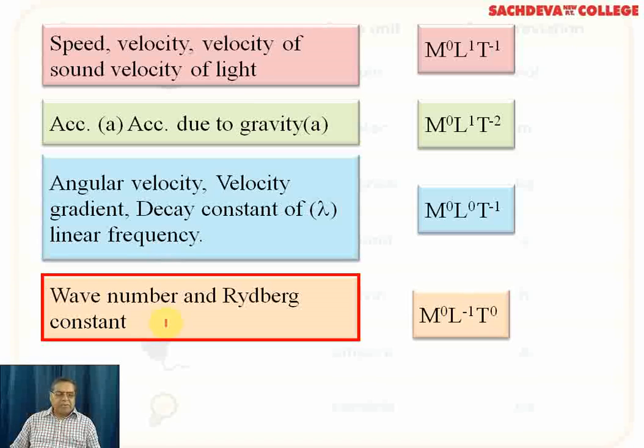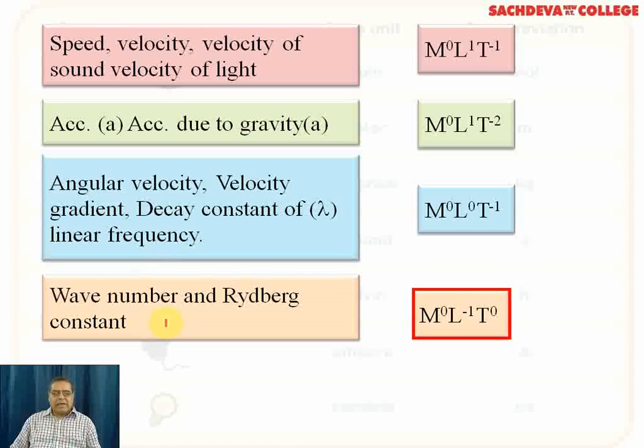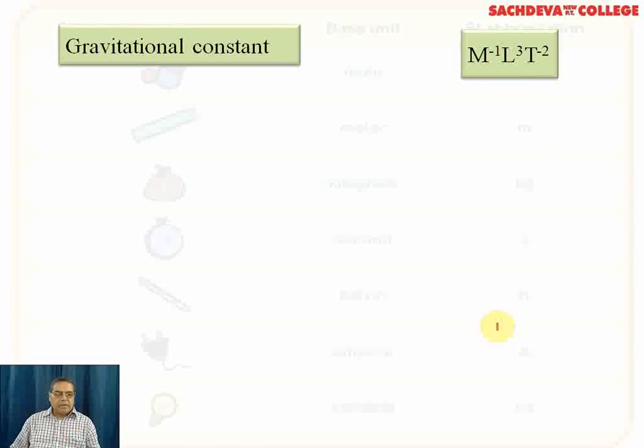So 1 over lambda is equal to nu bar, and that is equal to the Rydberg constant into 1 over n1 square minus 1 over n2 square, where n1 and n2 are the number of orbits of the atom. So wave number is 1 over lambda. Lambda is in meters, so we have the dimension M⁰L⁻¹T⁰.